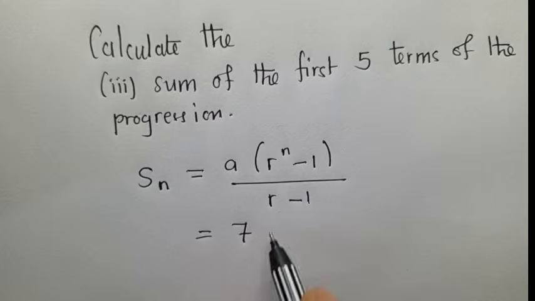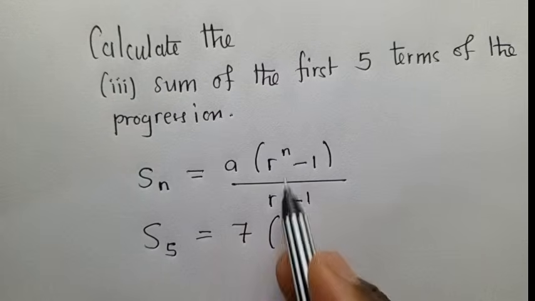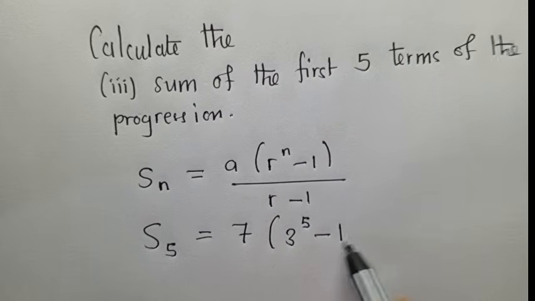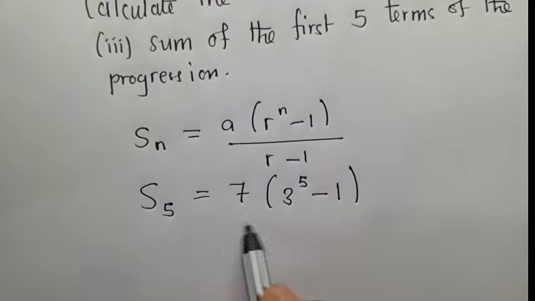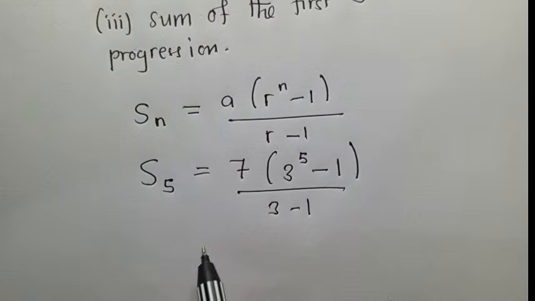The first term, it was 7. So we say sum over 5, so n is 5. What about our R? We found it to be equal to 3. Our n is 5, so 3 power 5 minus 1, over 3 minus 1.